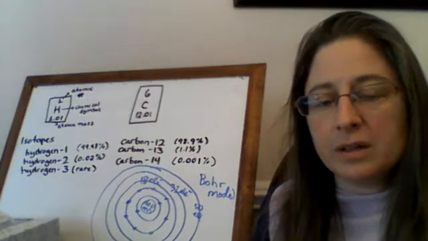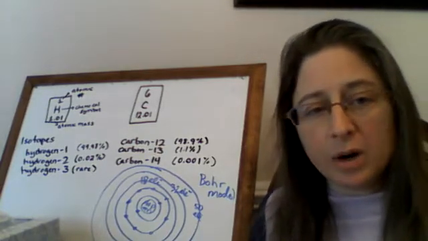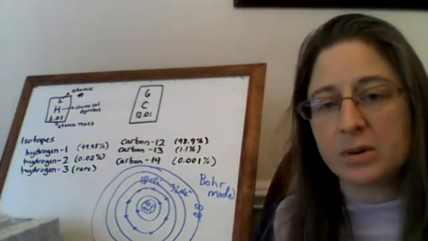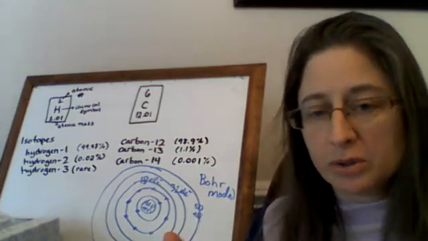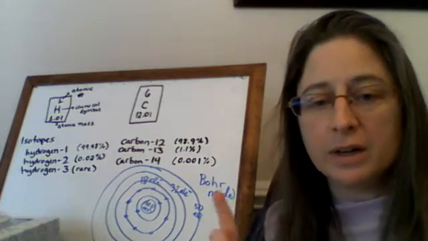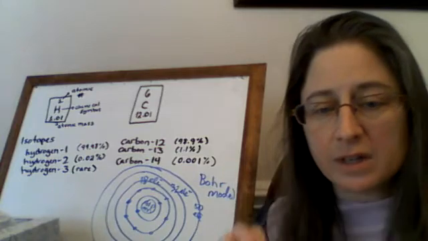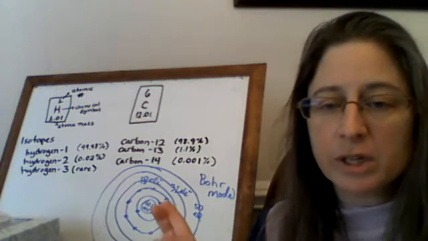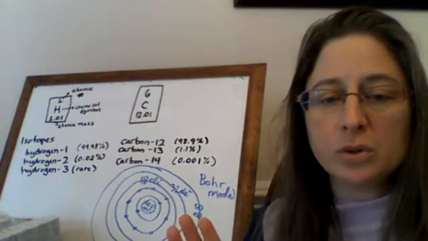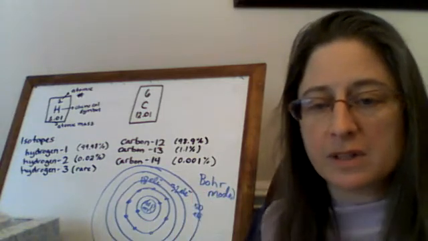But the 3 isotopes of hydrogen: hydrogen 1, and all it has in its nucleus is 1 proton and 0 neutrons. Hydrogen 2, which has, of course, 1 proton because it's hydrogen, and 1 neutron for a total of 2 things in the nucleus. And then hydrogen 3, which has 1 proton because it's hydrogen, and 2 neutrons for a total of 3 things in the nucleus.